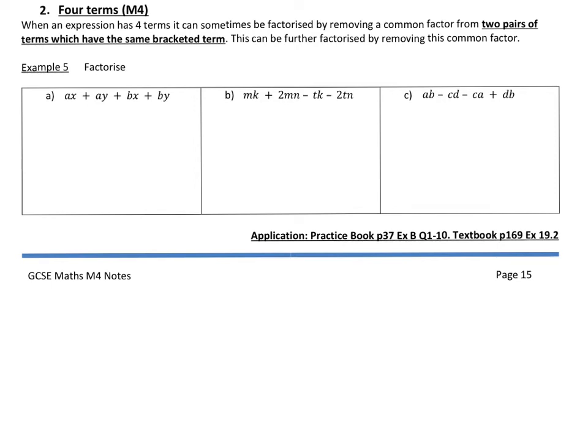When we expand double brackets, so if we think back to something like x plus 2 and x plus 3, what we're doing whenever we use FOIL, so we multiply the first by the first, the outer ones, the inner ones, and the last ones together. What we're really doing here is multiplying x by x plus 3.